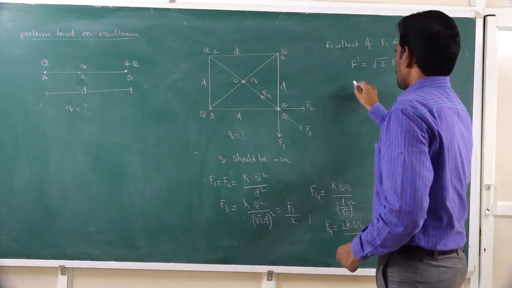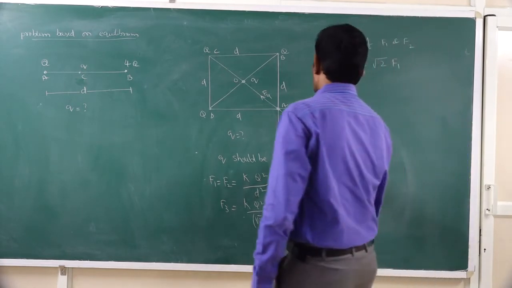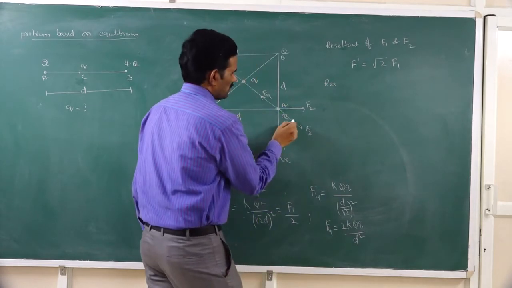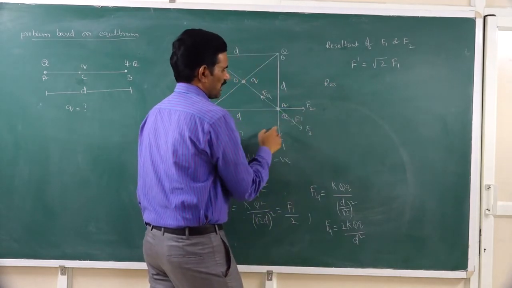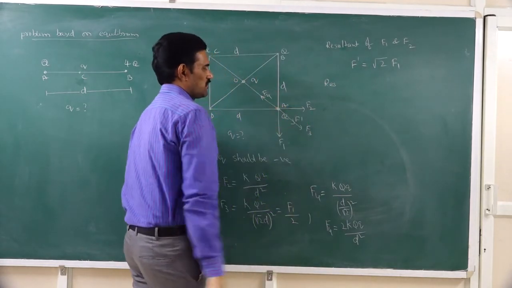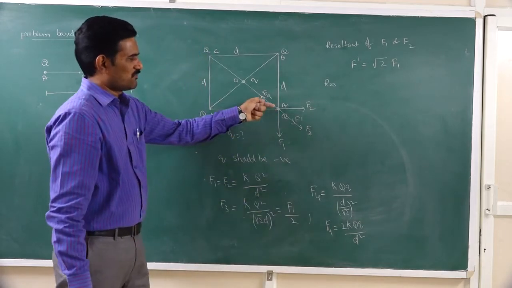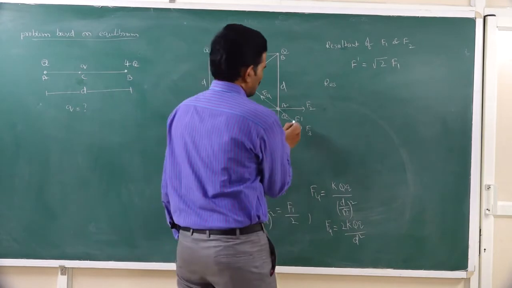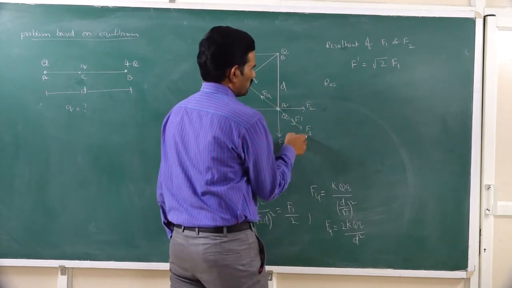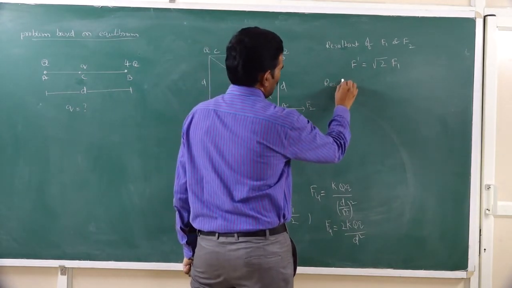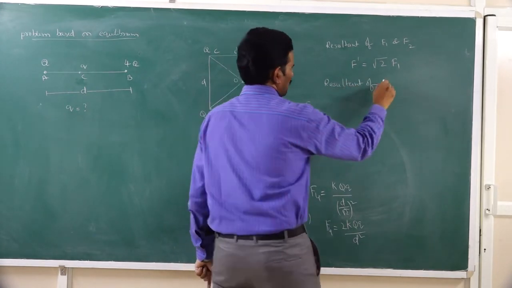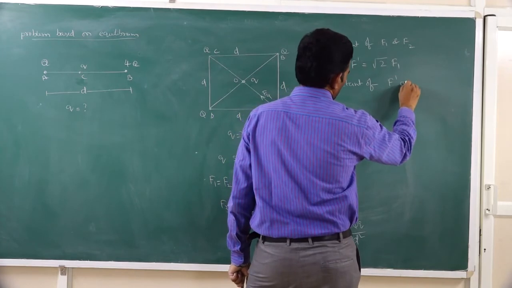And then the resultant F dash will be along this direction because these two are equal in magnitude, and you know the resultant of those two will bisect the angle between them, so that force will be along this direction. So I can write F dash will be in the direction of F3. Now the resultant of F dash and F3.